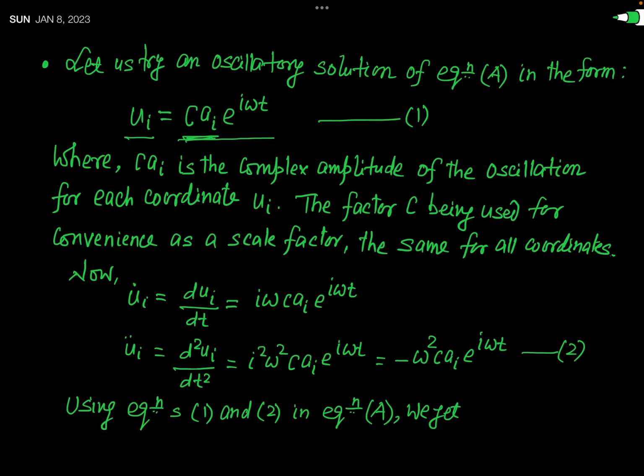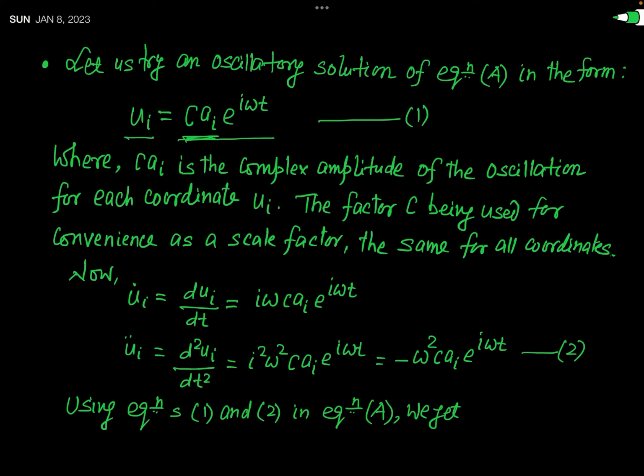I have written this complex amplitude not just as ai, but as C ai. Here C is called a scale factor. This scale factor has been used for convenience, and it will have the same value for all coordinates, that is, all values of ui. And omega is the frequency of oscillation.